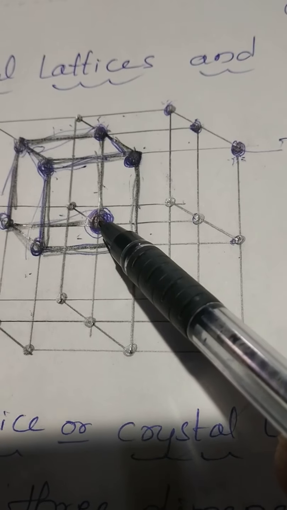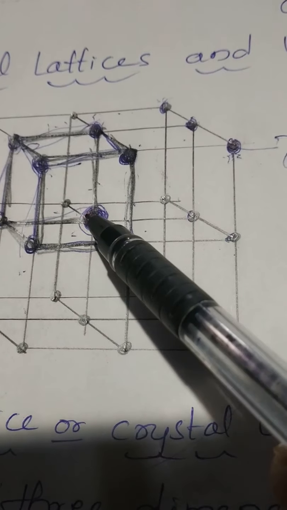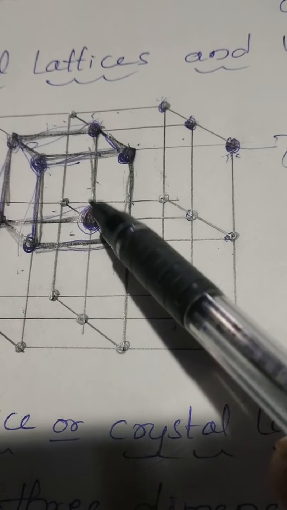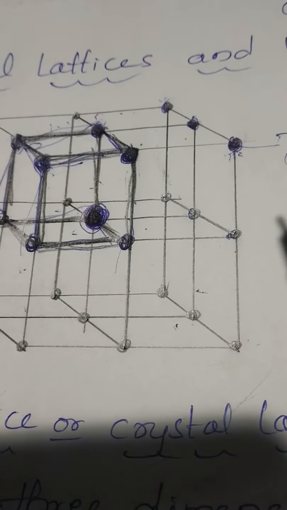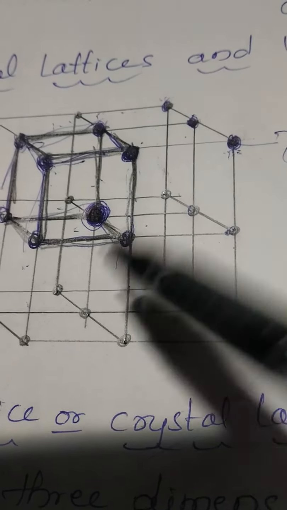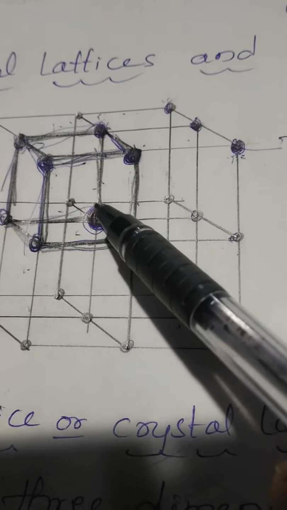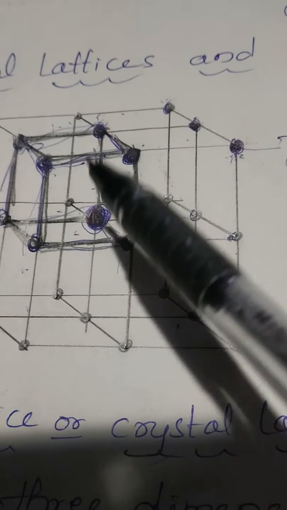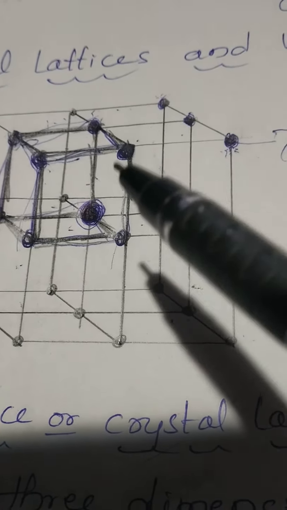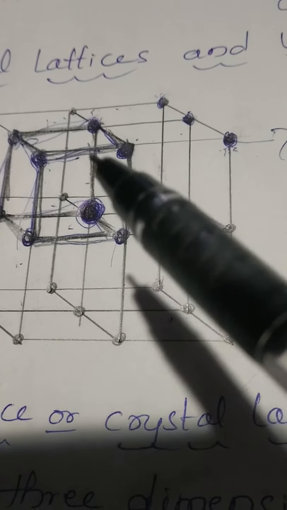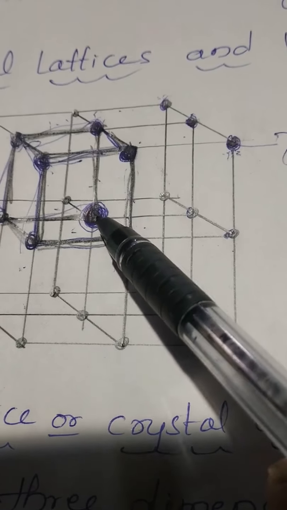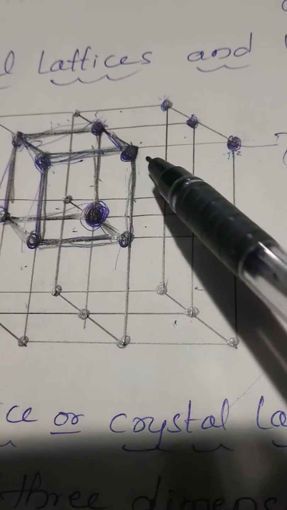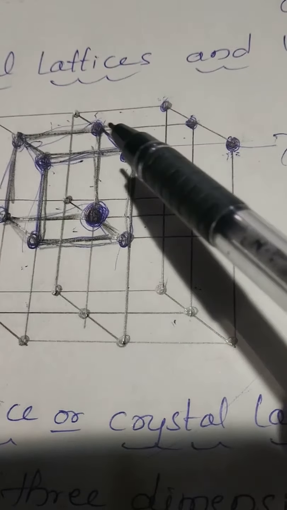Shared by 8 unit cells means the contribution of this corner atom towards one unit cell is 1 by 8th part of this atom. So each unit cell gets 1 by 8th part of this corner atom. Similarly, it is the same for all the corner atoms.